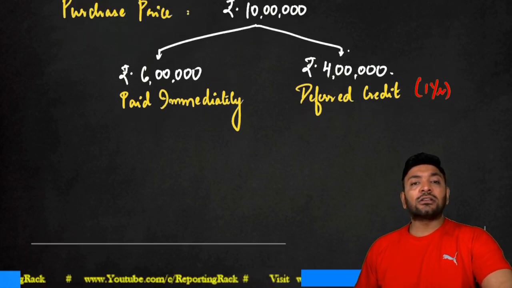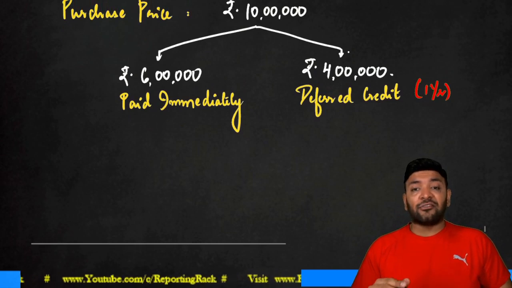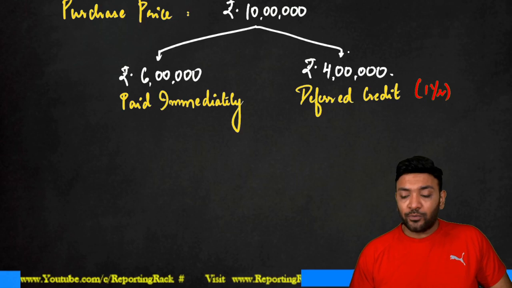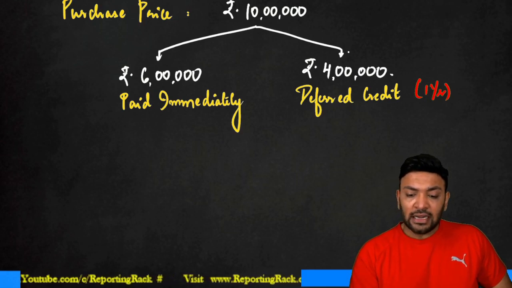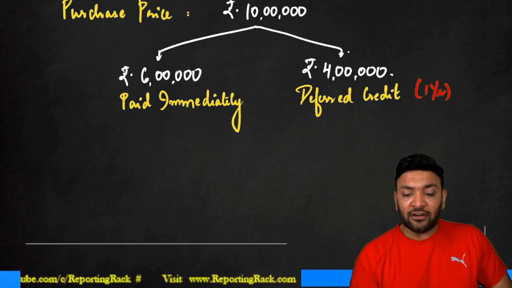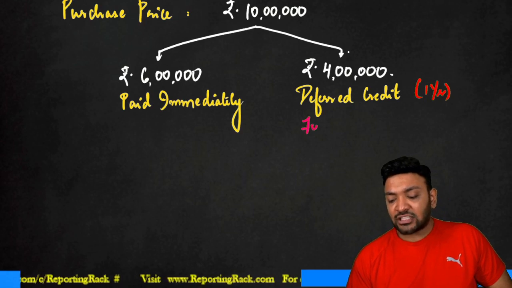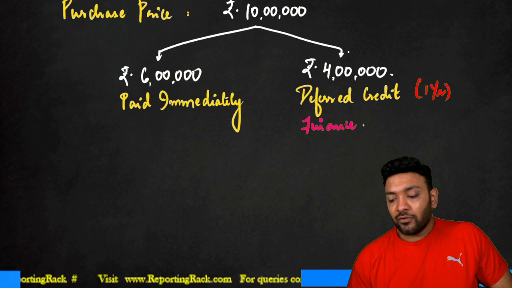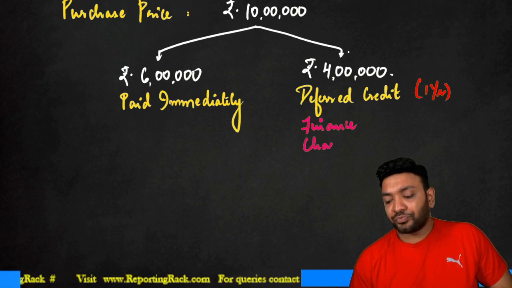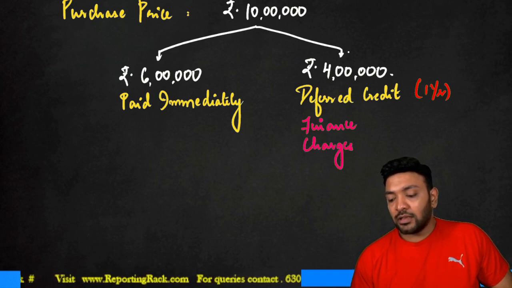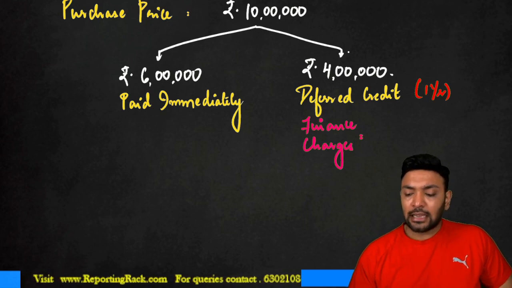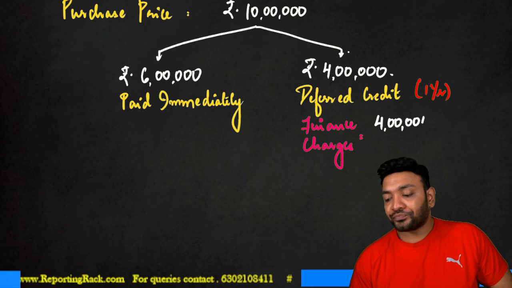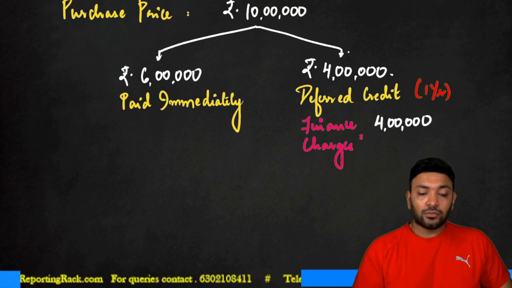Whenever we are coming across this logic that the amount will be paid after 1 year, we will have to identify what is the present value. So under this, I am trying to identify what is my finance charge. Finance charge is equal to 4 lakhs minus present value.